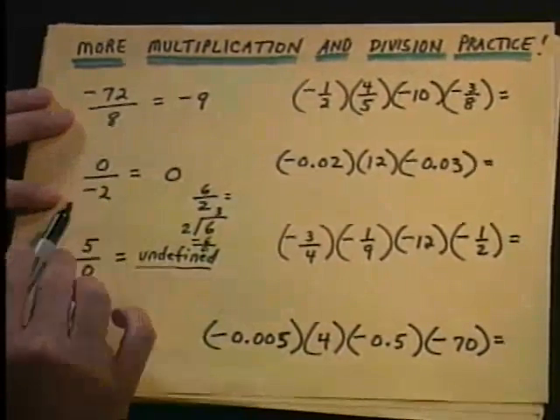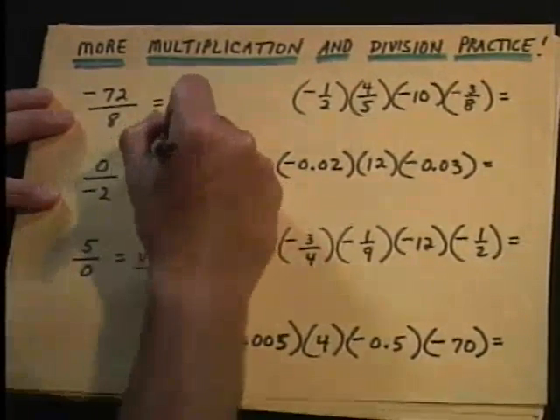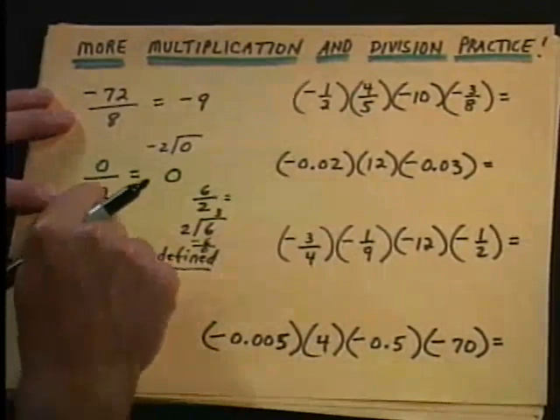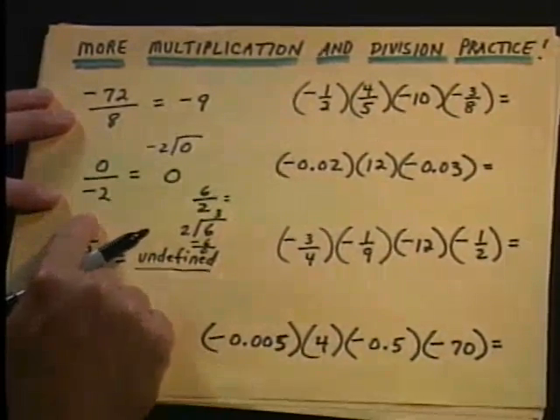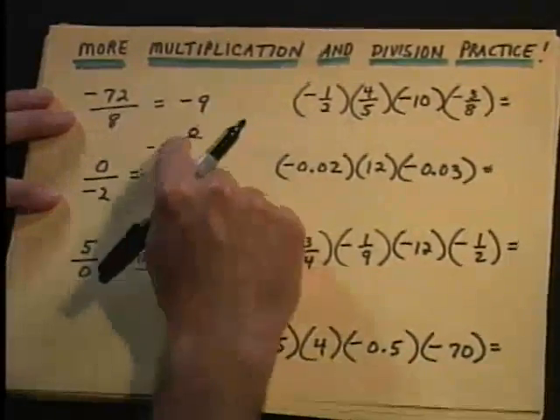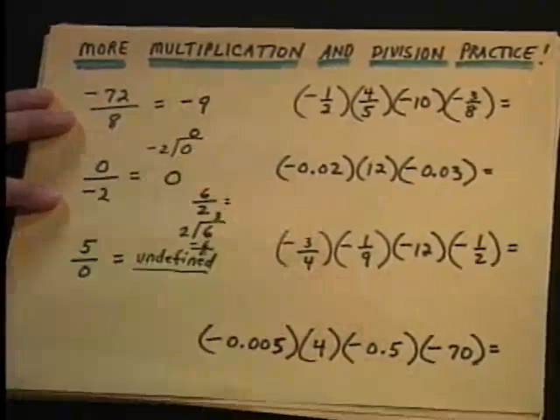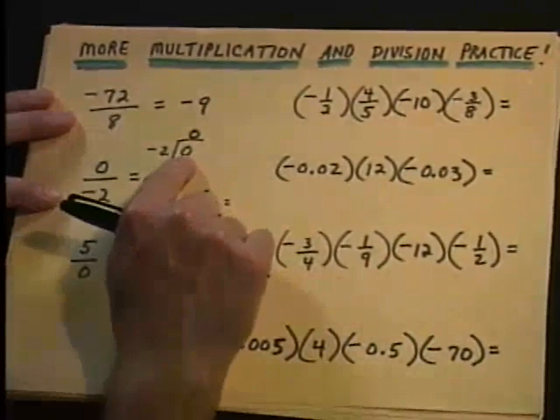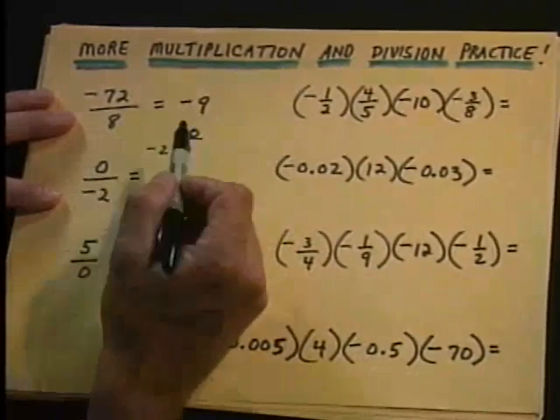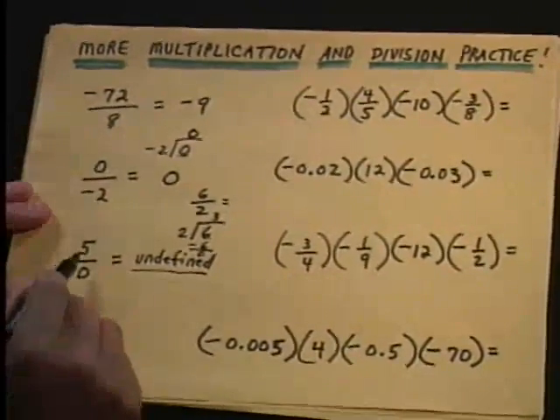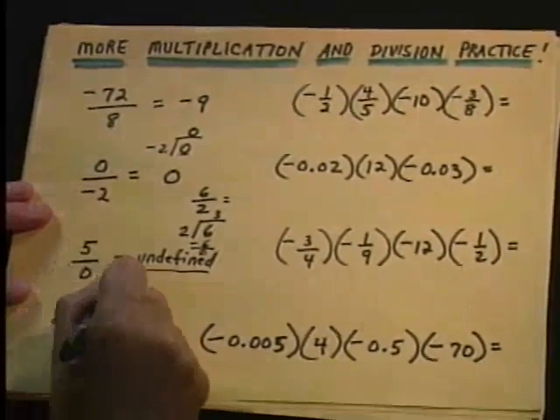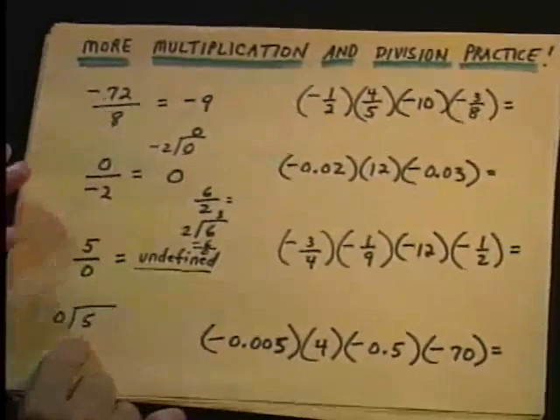Even in this example, 0 divided by negative 2, if we divided the bottom into the top, which is how you would make something into a decimal from earlier lessons, negative 2 goes into 0 0 times. And that would check because if I multiplied this, I would get the number under here, which is called the dividend. All right, now look at this one, 5 divided by 0. Let's try the bottom into the top here, 0 divided into 5.